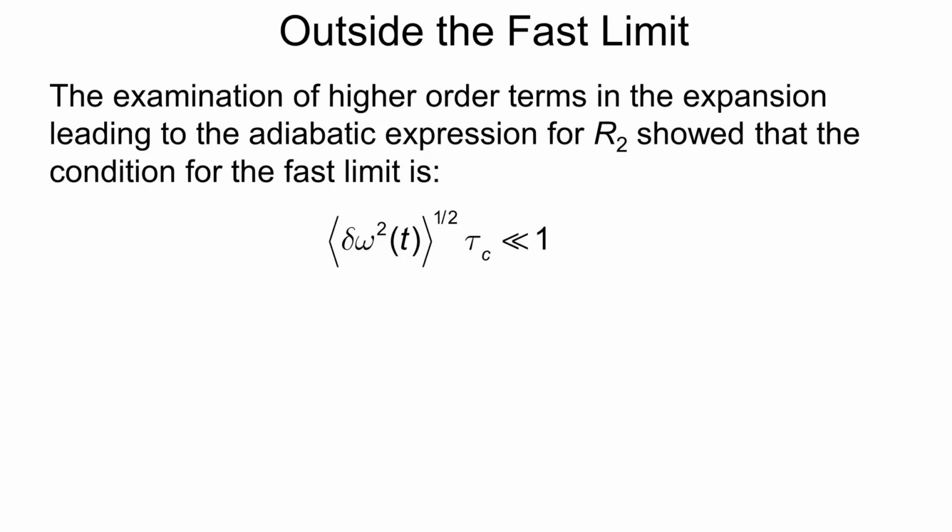In terms of Hamiltonians, that means roughly that the width of the coupling times tau c is much less than 1.